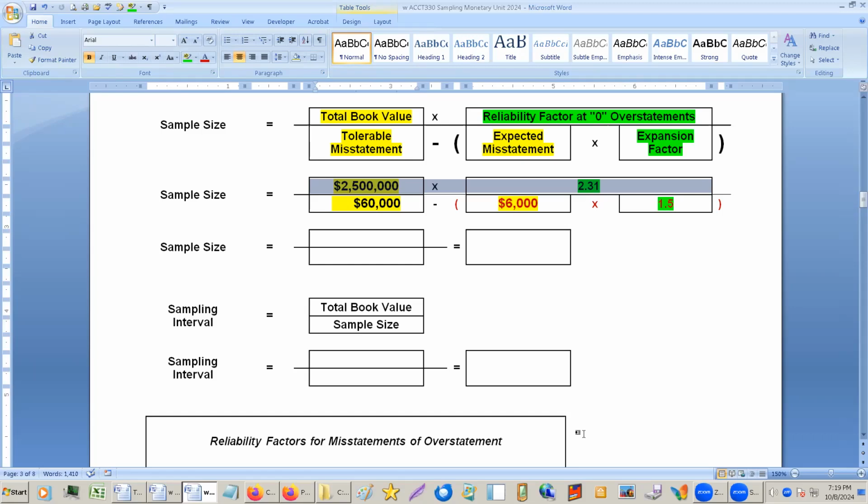Scratch that. 5,000,000. I'm just going to write it in here. 5,775,000.